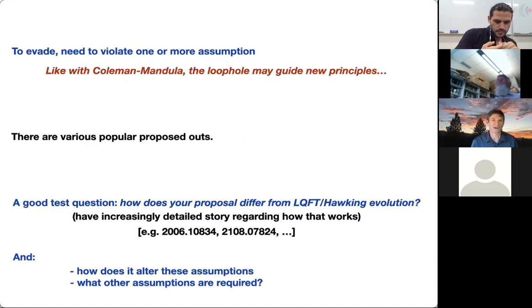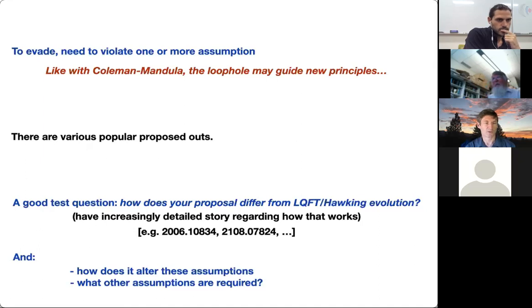Okay, so to save quantum mechanics and evade this theorem, we need to violate clearly one or more assumptions. So again, like with Coleman-Mandula, the key point may be finding the loophole, which could be guiding new principles of quantum gravity. There are various proposed outs.